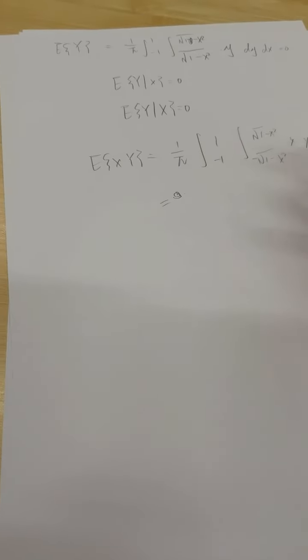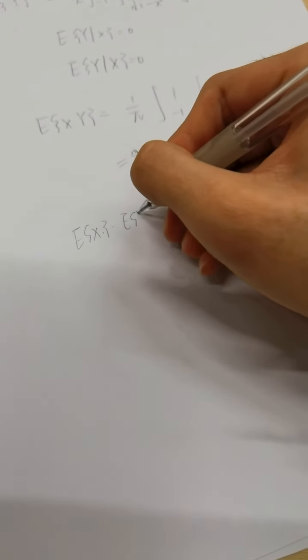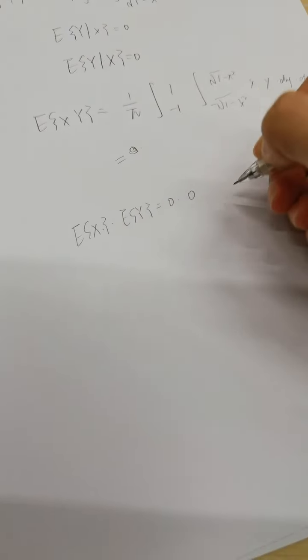So this is the second part of the second question. For the last part, which is prove or disprove that X and Y are uncorrelated, if we want to prove X and Y are uncorrelated, we need to prove E[XY] is equal to E[X] times E[Y]. From the above part, we already know E[X] and E[Y] are 0. So E[X] times E[Y] is 0 times 0, which is 0 also.